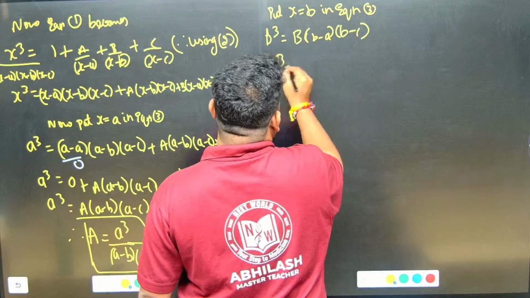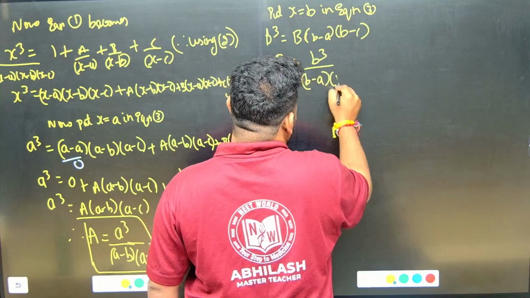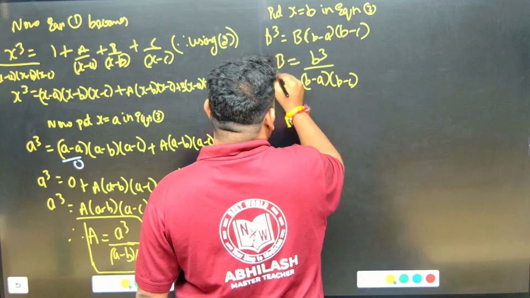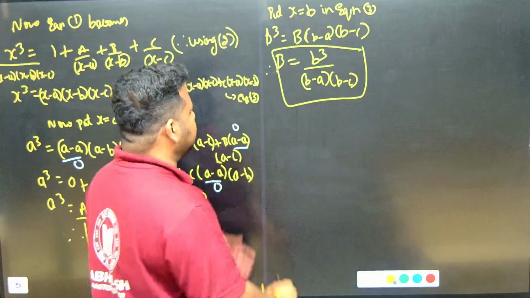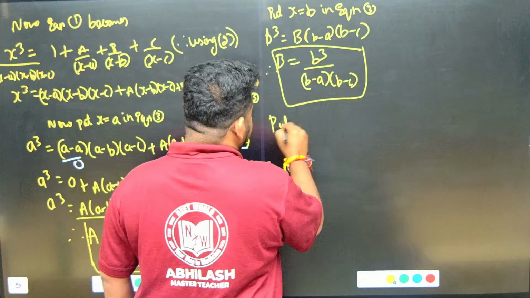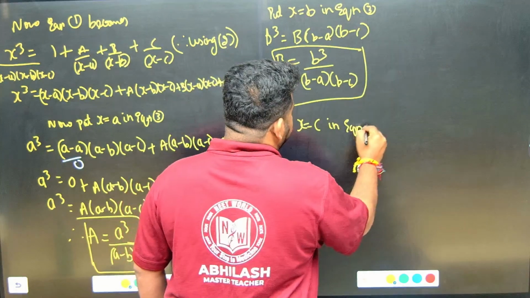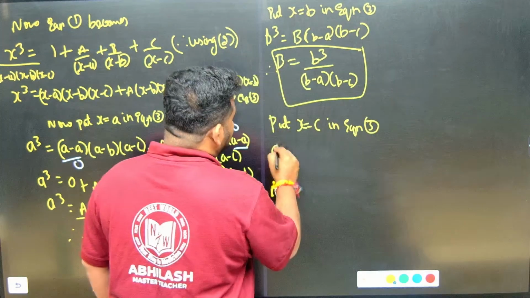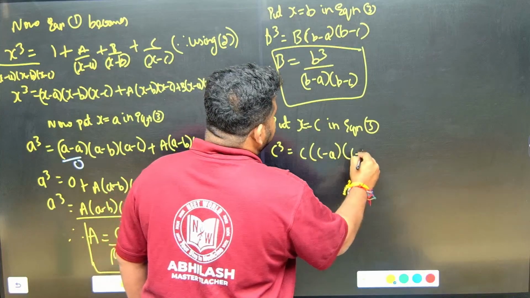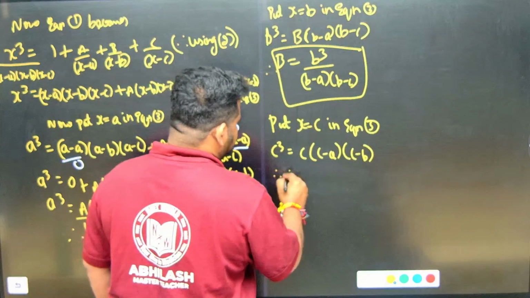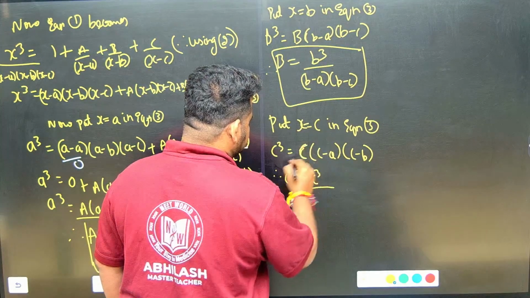So B is equal to b cube by b minus a into b minus c, because the other terms become 0. Now put x is equal to c in equation 3. So c cube is equal to C into c minus a into c minus b. Therefore C is equal to c cube by c minus a into c minus b, where this is capital C and this is small c.